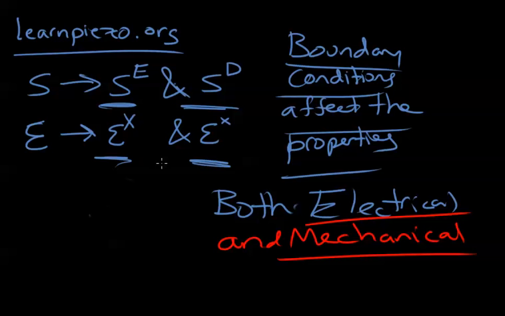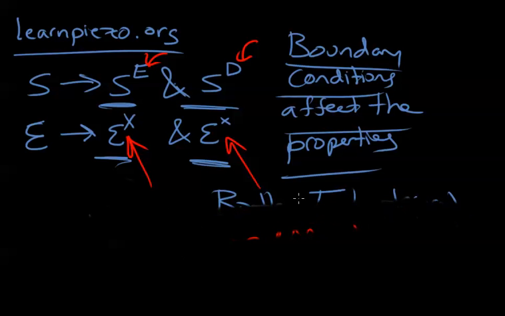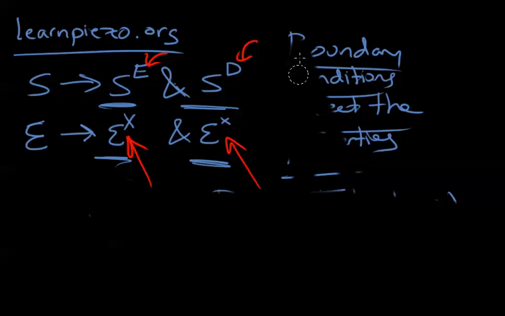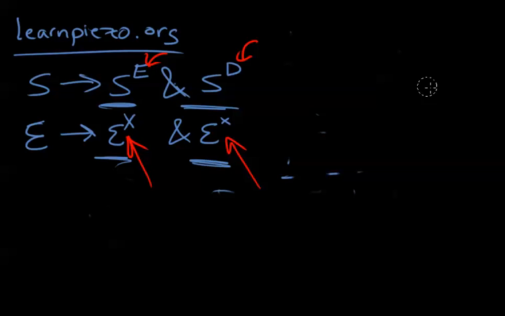So you can see, look here, we have electrical boundary conditions affecting the elastic compliance, the mechanical compliance, and we have mechanical conditions in the material affecting the permittivity. And we're going to explain this now, why this occurs, why we have a difference of boundary conditions affecting the properties.